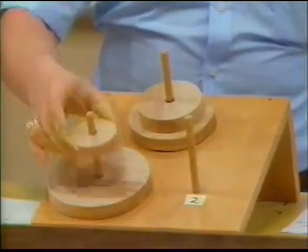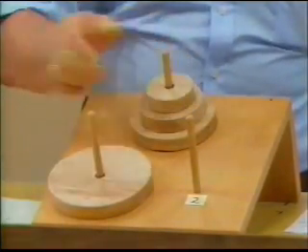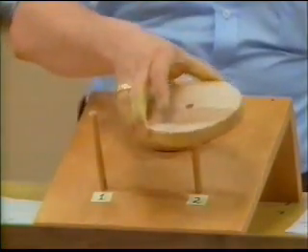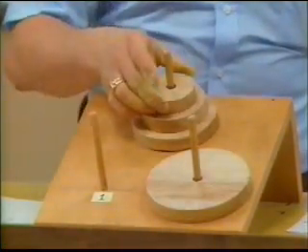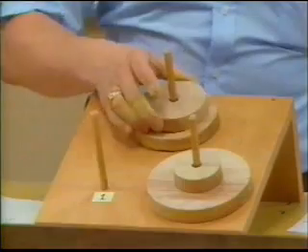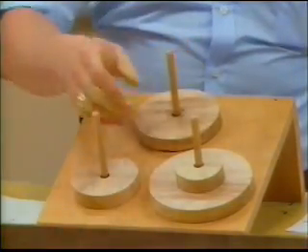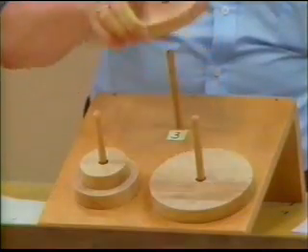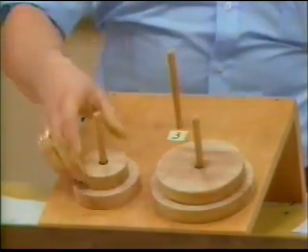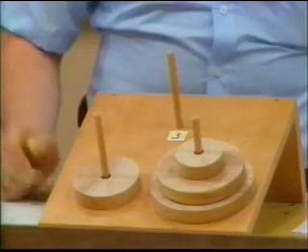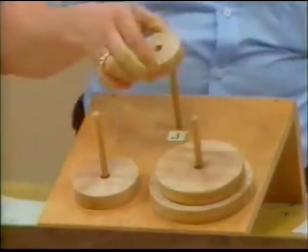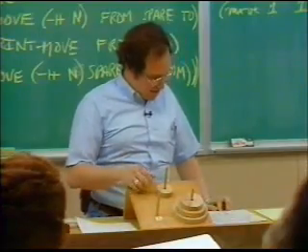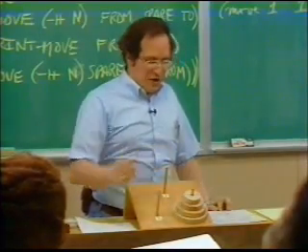Then 1 to 3, 1 to 2. 3 to 2, 3 to 1. It's all got worked out beforehand, of course. 2 to 1, 3 to 2. 1 to 3, excuse me, 1 to 2. And then 3 to 2. Whew.